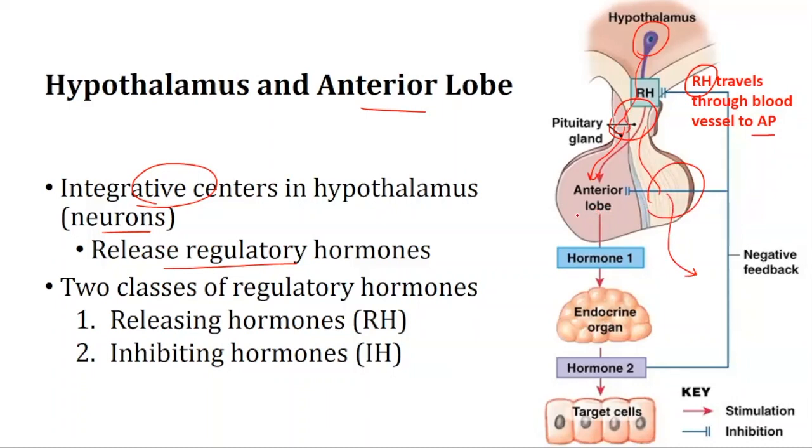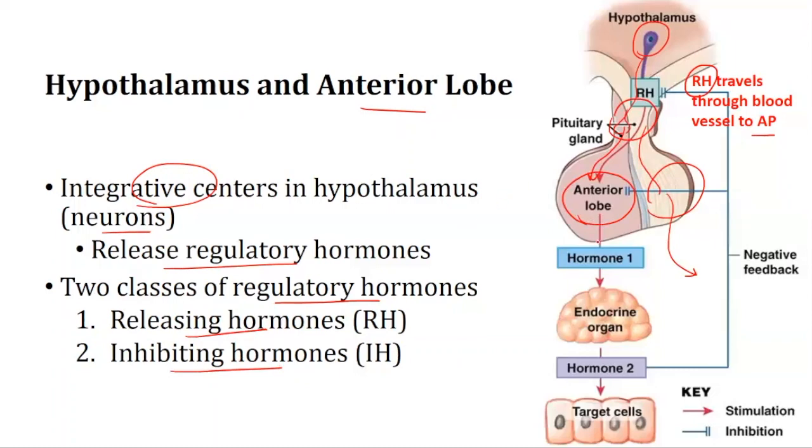But in the case of the anterior lobe, it is going to produce additional hormones as a response to the function of the hypothalamus. The regulatory hormones produced by the hypothalamus that act on the anterior lobe can be categorized into two. One is releasing hormone and the other is inhibiting hormone.